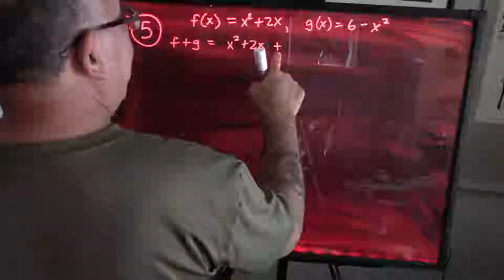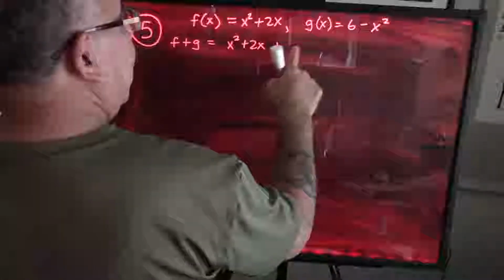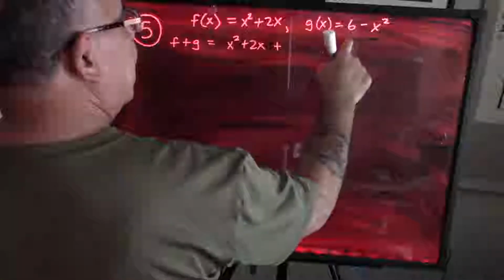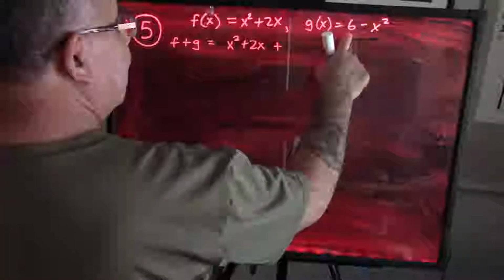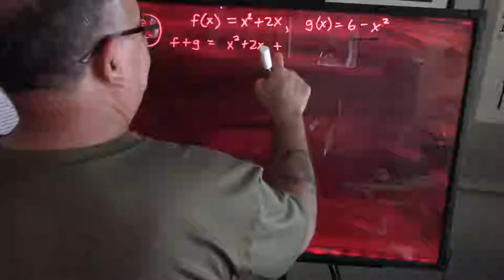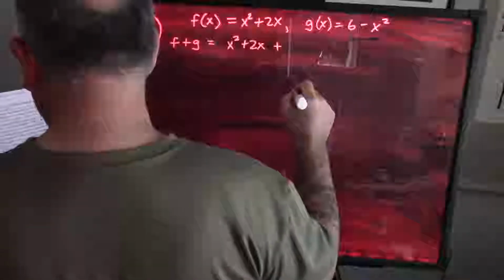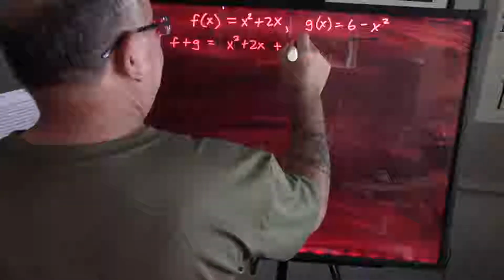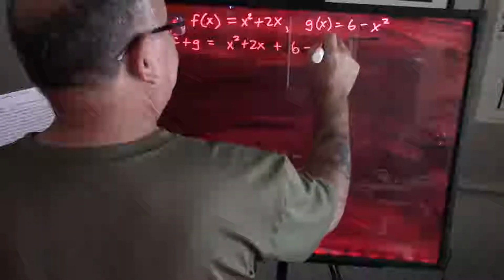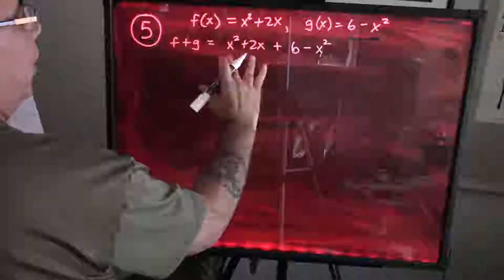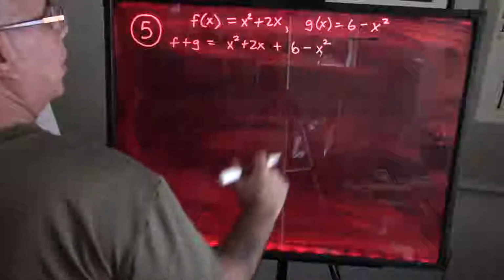If I was subtracting, however, then I would have to put parentheses around g of x because I'm subtracting both terms, and that'll change the signs of both of these. However, adding won't change the signs, so it's not necessary to put parentheses here. Just remember that this part is f of x and that part is g of x.